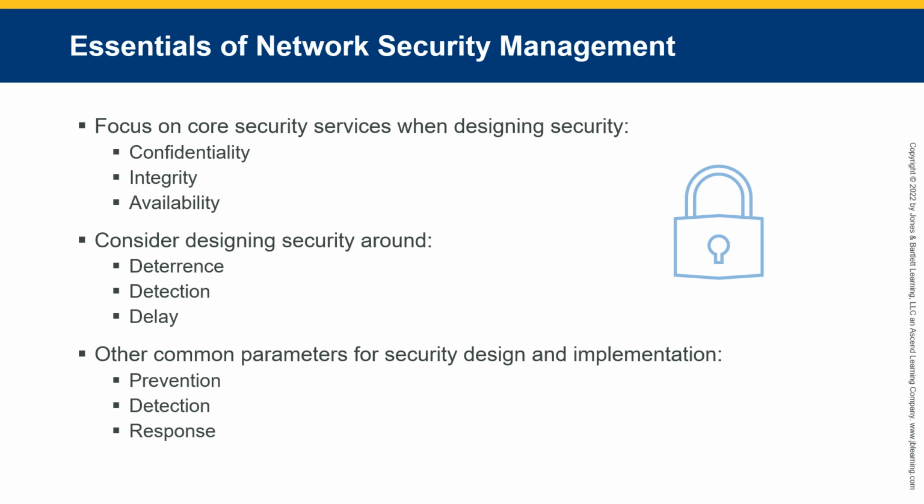The other parameters for security design are the prevention. So you want to prevent everything by making sure your defenses are there to prevent people. You don't want to leave things open. And this includes looking at your policies and making sure your security firewall rules prevent access from going through. You also want to have that detection built in so that if something is not successful, or if you notice somebody is prodding around, you are going to be alerted.